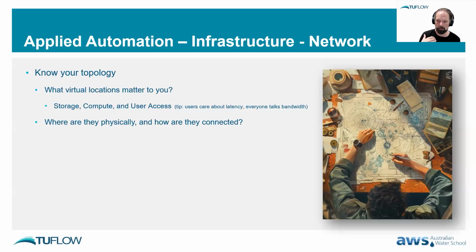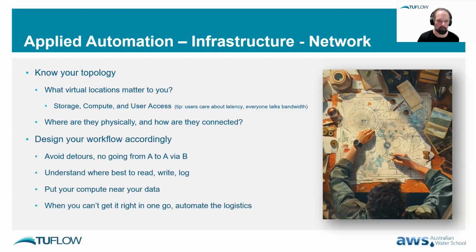Because you need to be able to talk to these components with your IT staff and scripters, because otherwise they won't be able to really help you out. You don't really need to know exact bandwidth or protocols, but understand or ask which connections are fast and how they compare. When you know what your network topology is like, you can design your workflow accordingly.